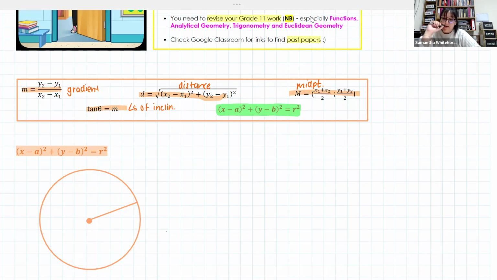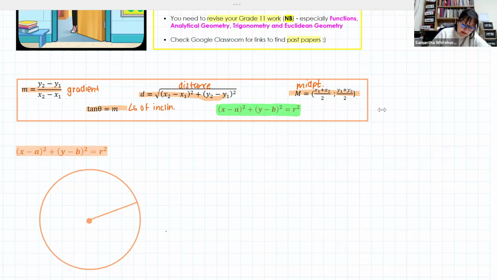Anything else? Okay, Boucher, exactly. It's the equation of the circle. And as Emmanuel says, it can help us find the center of the circle as well.